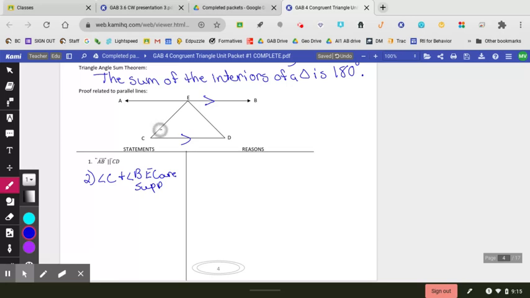The reason for that is, so one is given, same side interior angles are supplementary.